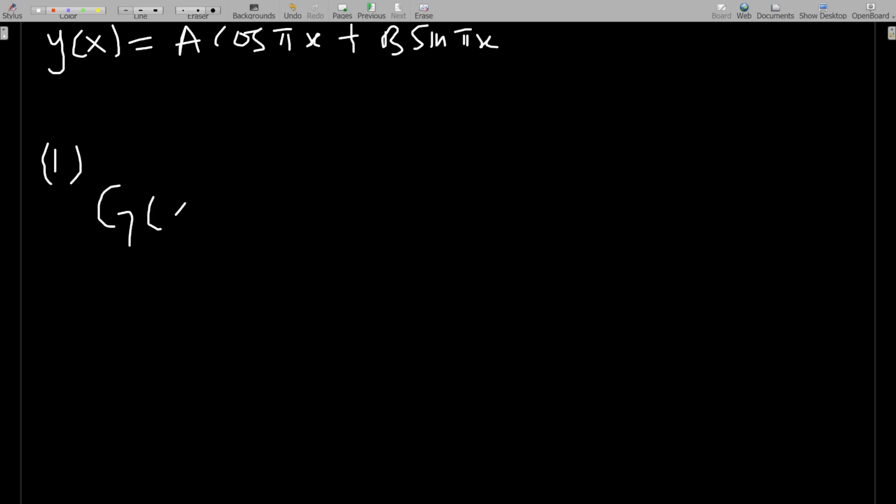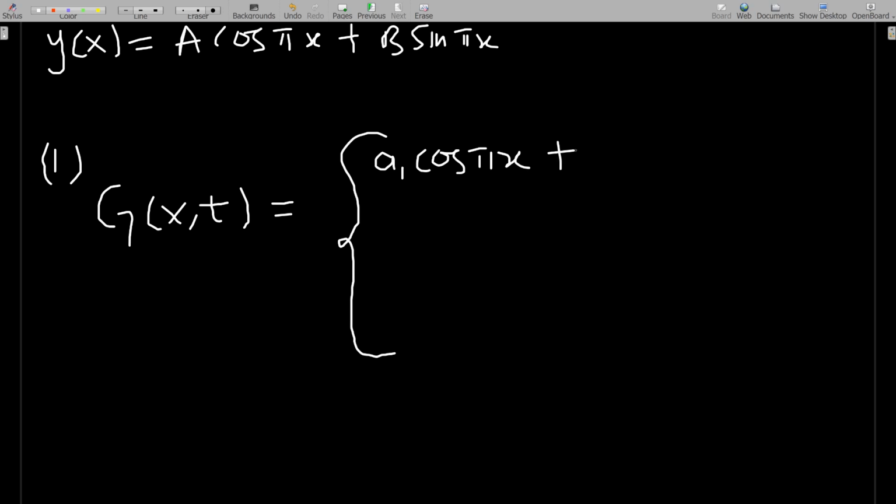So g of x,t should be equal to a piecewise function: a1 cos pi x plus b1 sine pi x, within the range of 0 less than or equal to x less than t.